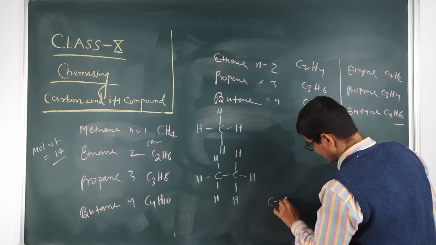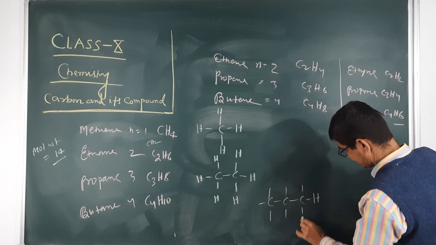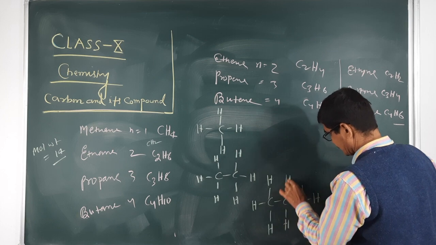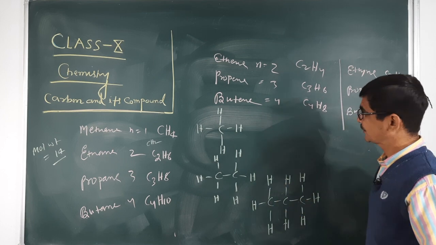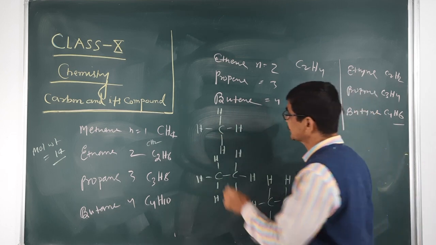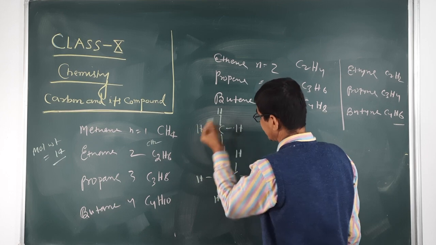Now propane. If you want to draw the electron dot structure, then put the electrons here in dot form. This is the electron dot structure.